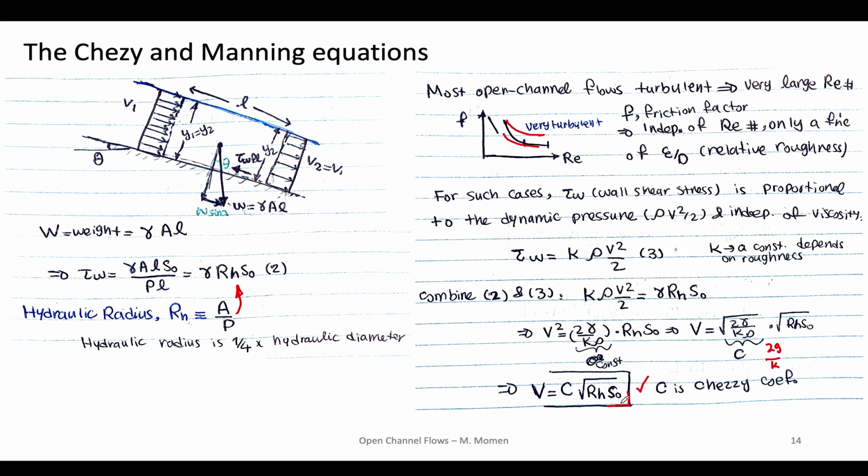By knowing this, we can estimate the velocity very simply by this equation. This equation is known as the Chezy equation, and Chezy was one of the first people who derived it, and therefore it is known as the Chezy equation.